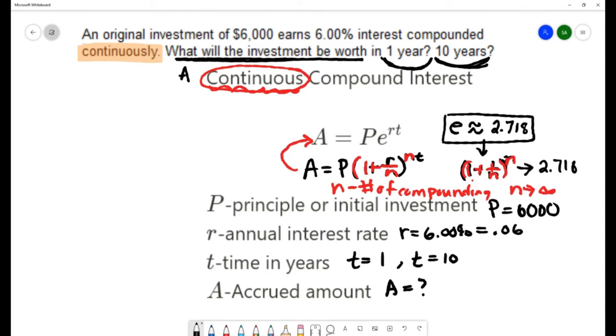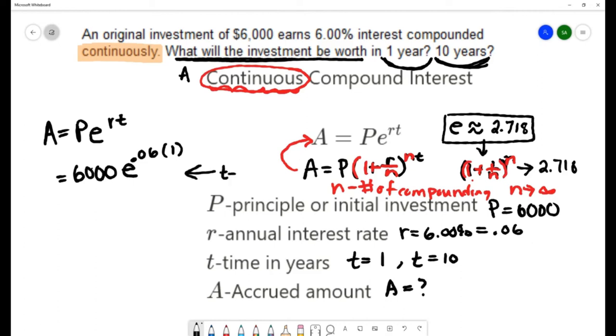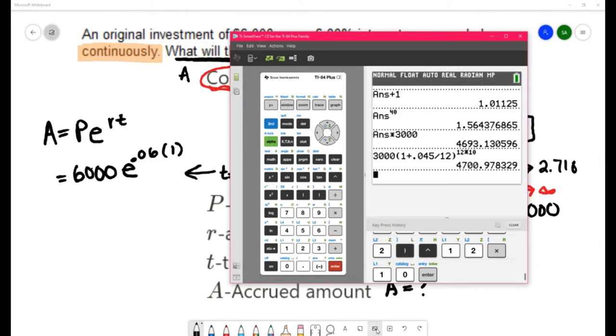We have A equals P e to the rt. If we substitute our values into the formula, we have $6,000 and our interest rate 0.06 and for a time period of 1 year. So this is our calculation for the 1 year time period. We're going to substitute that into our calculator. We'll do $6,000. And we want to find that E button on our calculator. For this calculator, it shows up in two different places.